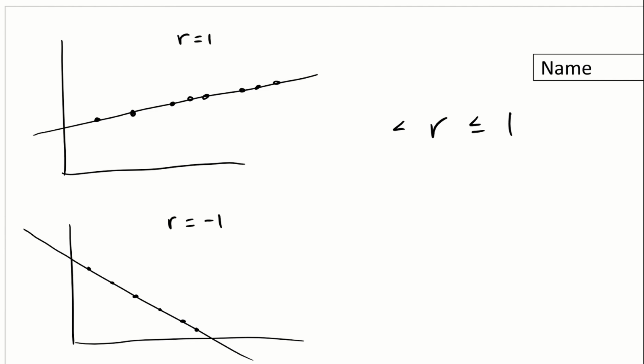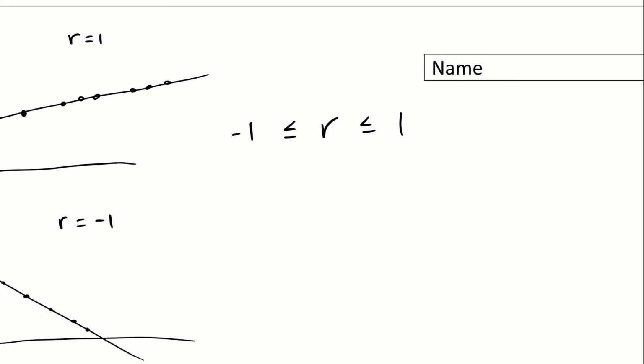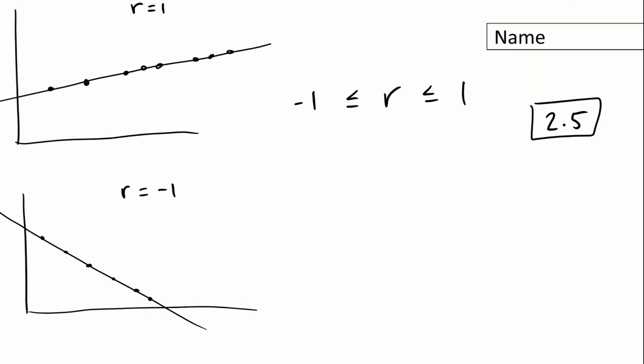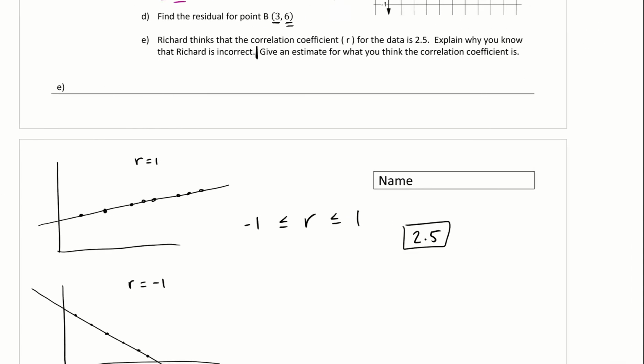So R can be anything that's greater than or equal to -1, but less than or equal to 1. For Richard to claim that he has a correlation coefficient of 2.5 is completely impossible. That's never going to happen. It doesn't even make sense. So that's the first part: Richard's wrong because correlation coefficients live between the numbers -1 and +1. That's the only thing that's possible for correlation coefficients.